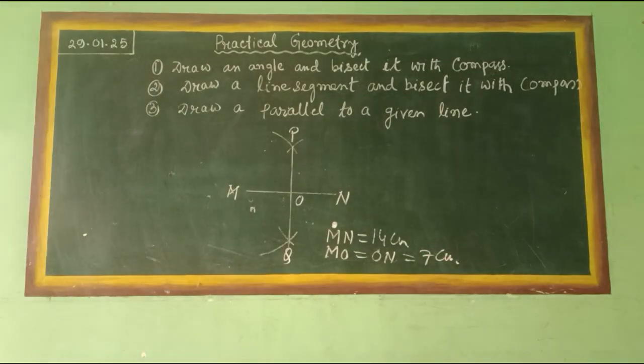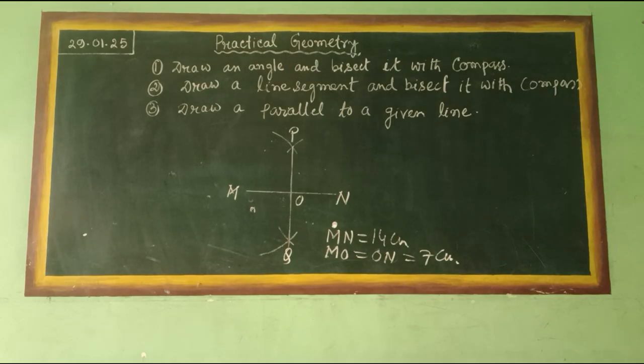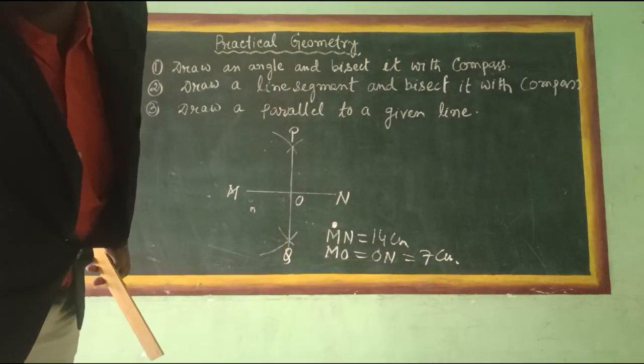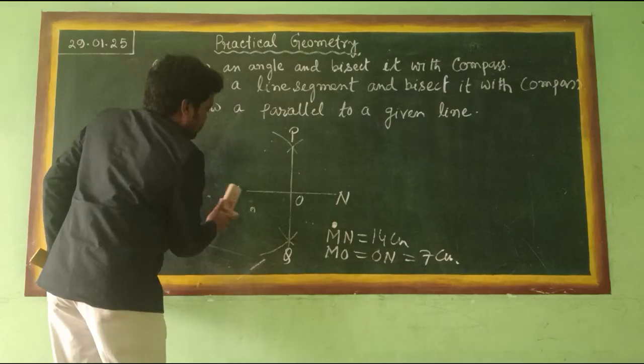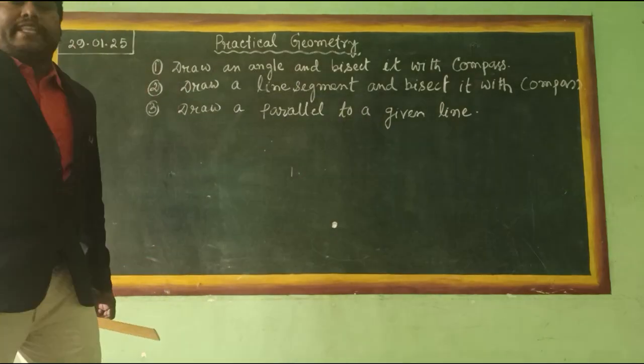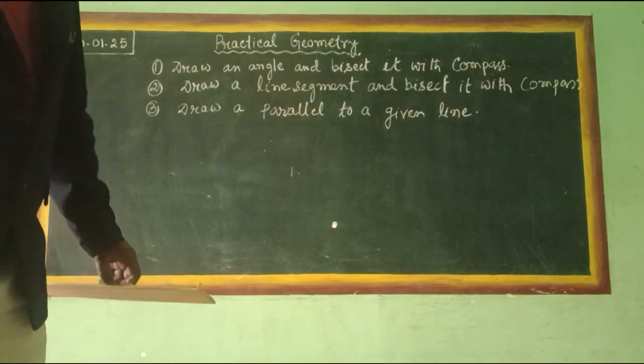What is the third question? Draw a parallel line to a given line. That means we generally draw a parallel line.